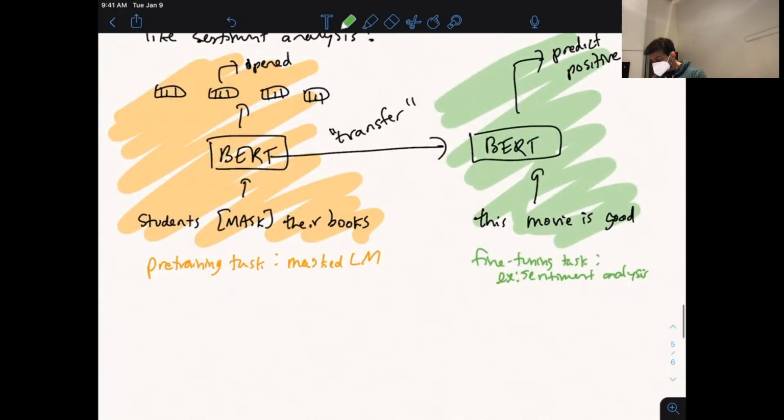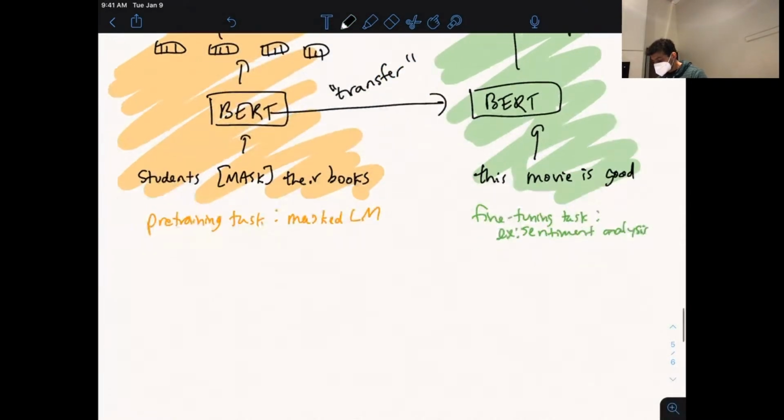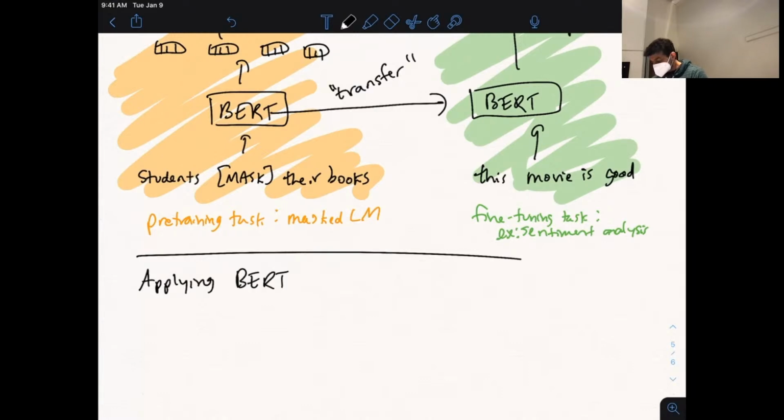So let's take a look at how we do this for text classification tasks. The first thing to note is that BERT appends a special token at the beginning of every input sequence.